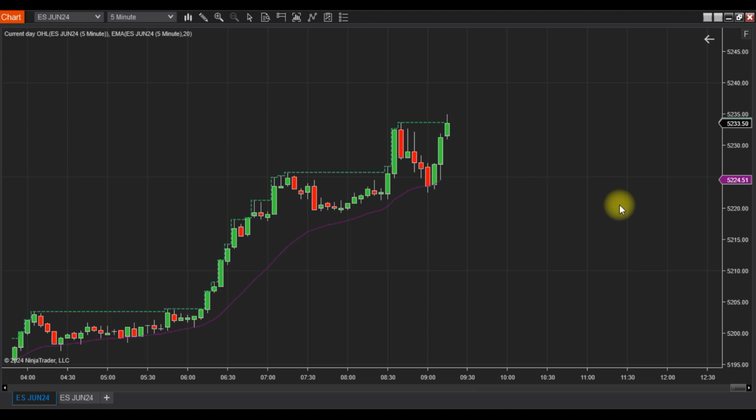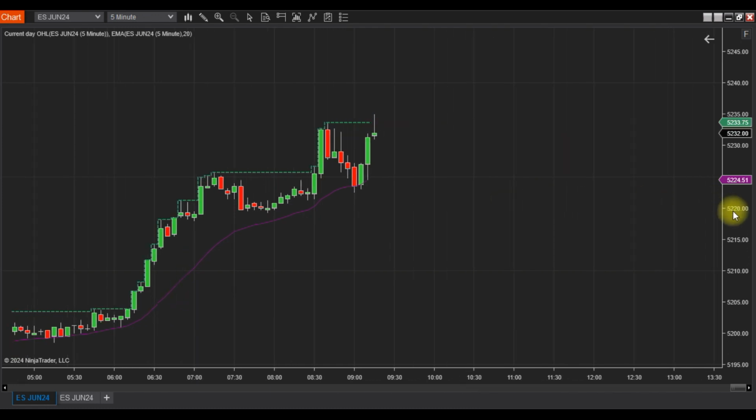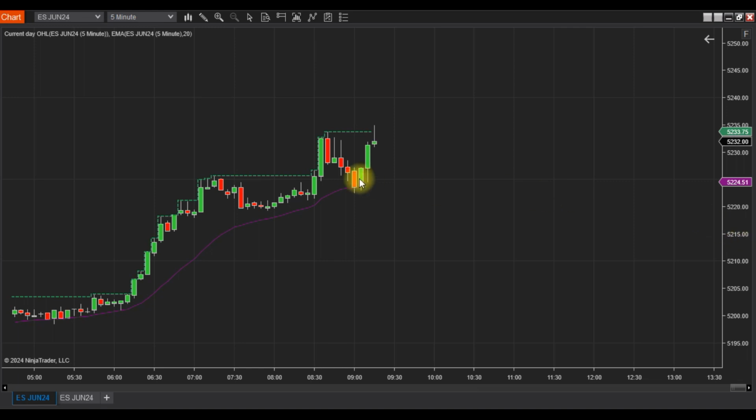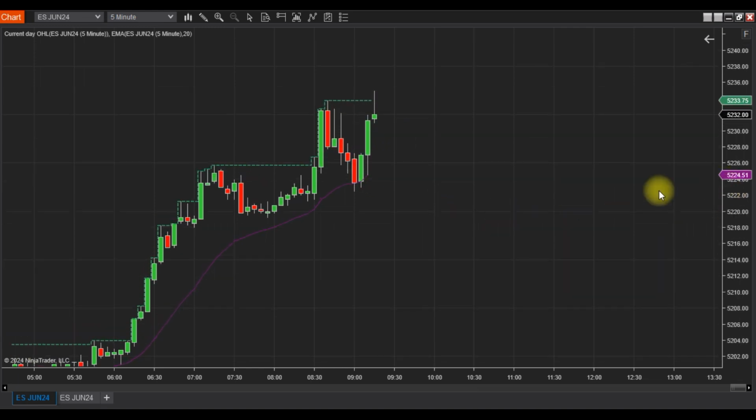You can just be an S&P bear. How can you be an S&P bear and make money in a bull year? Well, if you're really smart, you have a big enough account, and you trade small enough, you can do it. And look at this. It looks like we're still in this range.